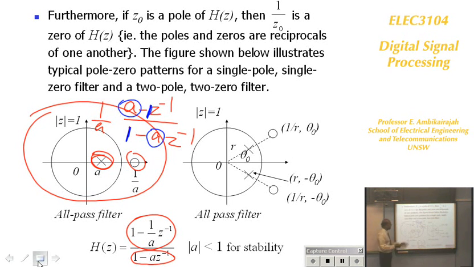In that case, it becomes an all-pass filter. So to get an all-pass filter, you must have one pole and one zero. You follow? How do you have one pole and one zero such that the magnitude response is the same?